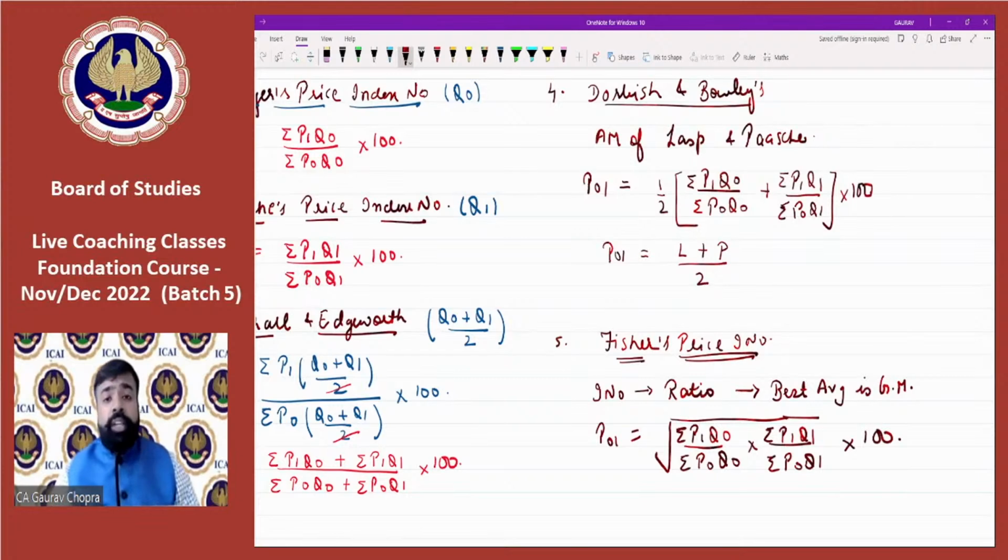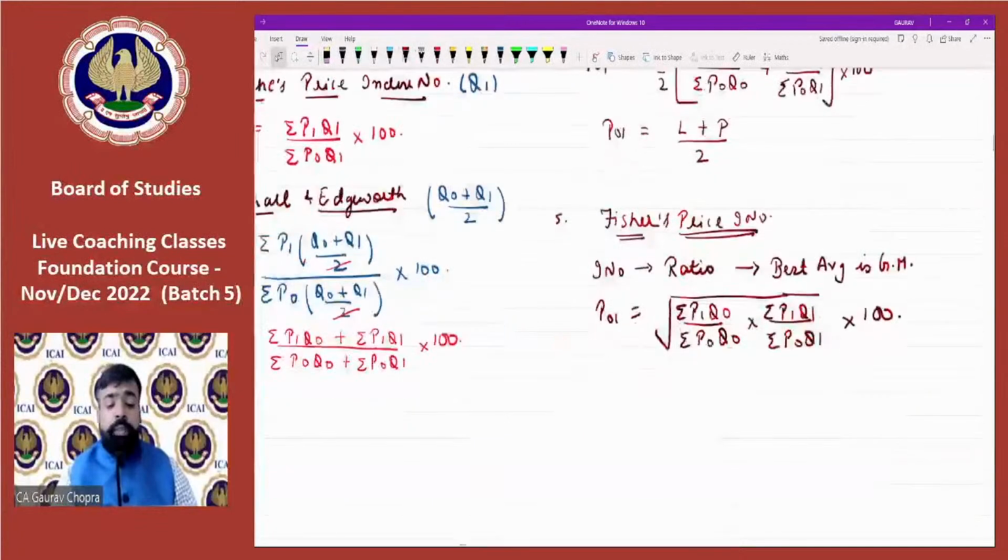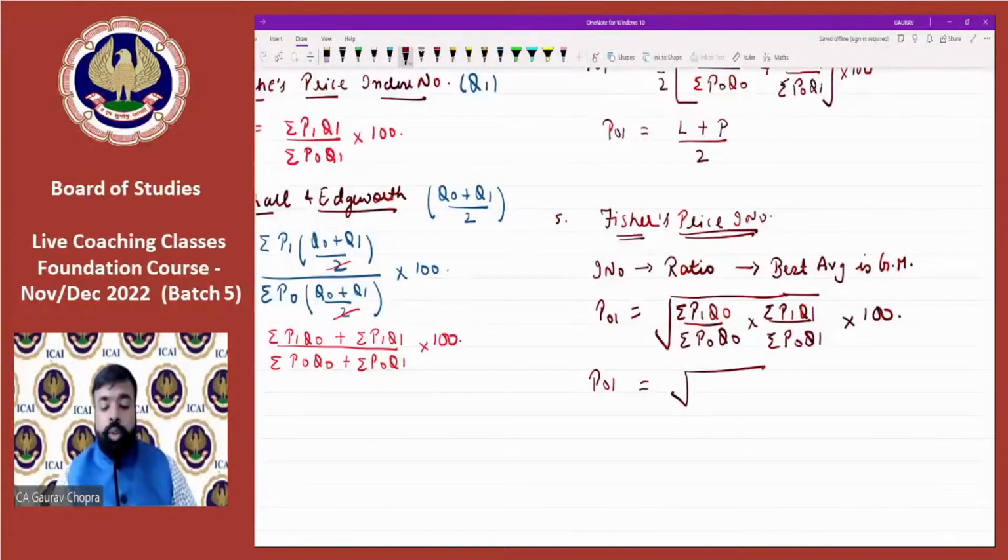So for geometric mean, you have to multiply the two values and then take the square root, and at last multiply by 100. So this becomes the formula for Fisher's price index number. And in short, we can write it as root of L multiplied by P, root of L into P.